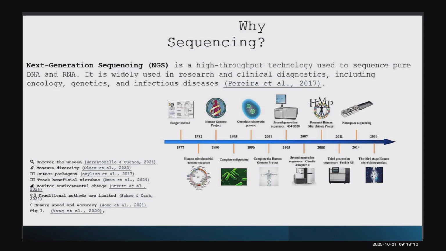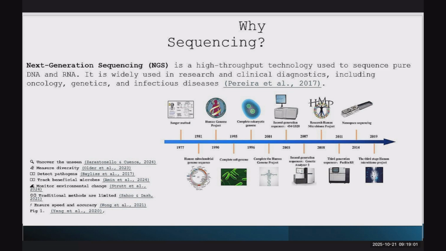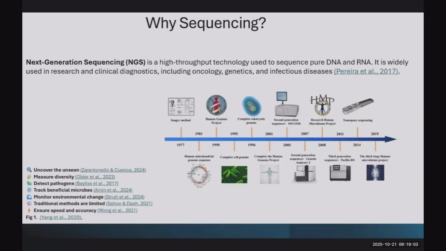And then third generation, long-read sequencing technologies started in 2011, and Oxford Nanopore came up with Nanopore sequencing. It has a very small footprint, so you can carry out the whole sequencing instead of using big machines like PacBio. You can do the sequencing everywhere, so that enables sequencing even in space.